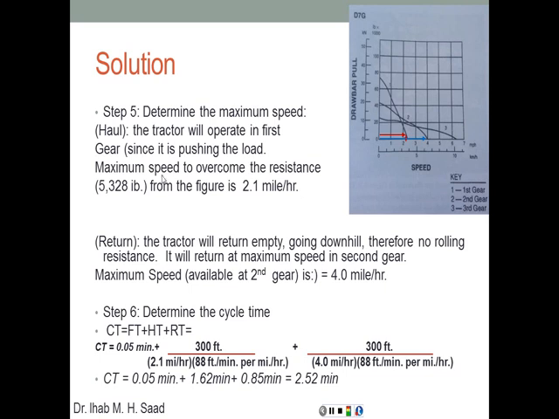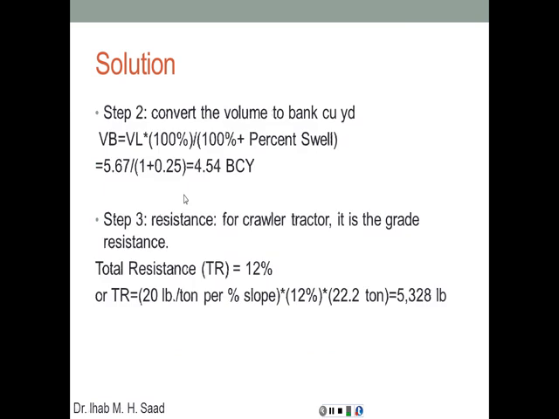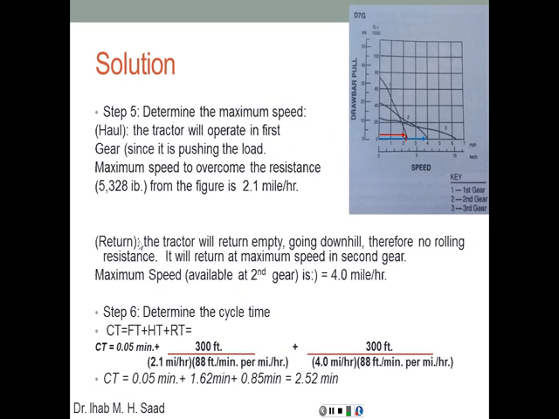So the maximum speed to overcome the resistance, which is 5,328 pounds, is going to be 2.1 miles per hour.